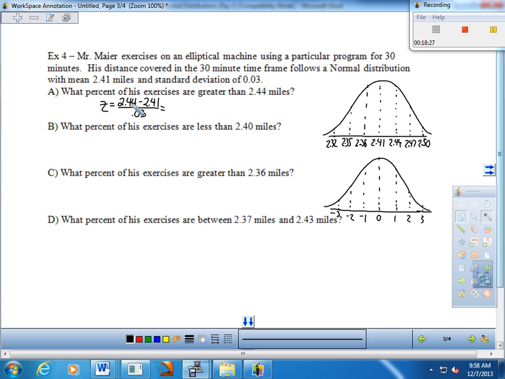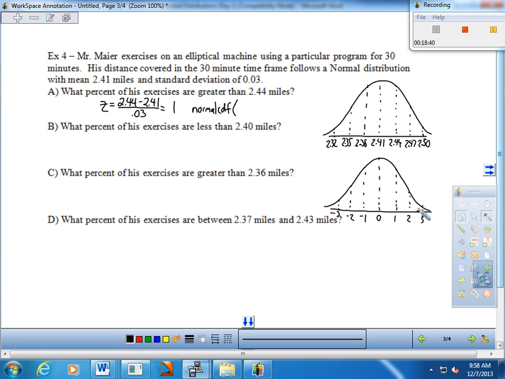No calculator necessary. If we did this, we end up getting a z-score of 1. So what that now means for us, of course, nice and easy, guys, is it's the normal CDF on the calculator, where we want greater than 1 standard deviation. So again, that would be now standardized everywhere to the right.